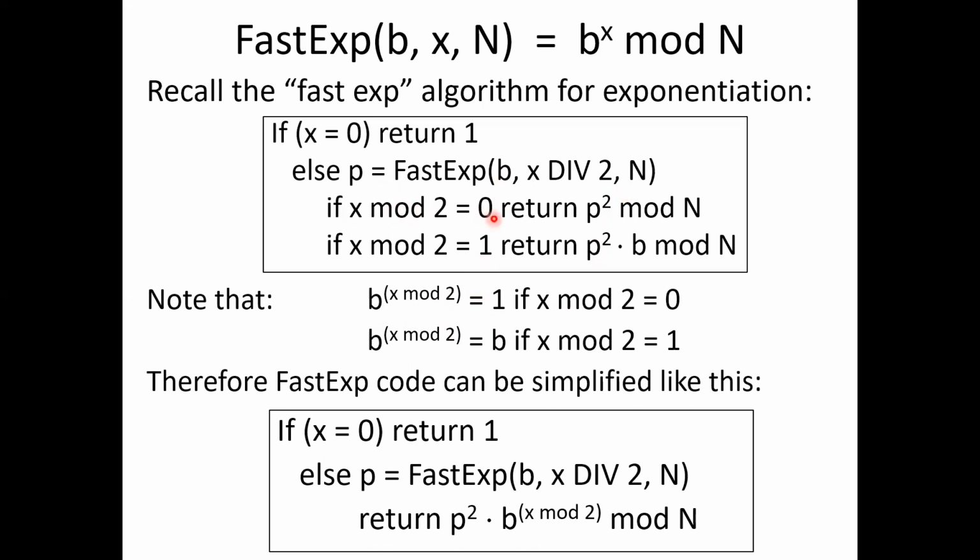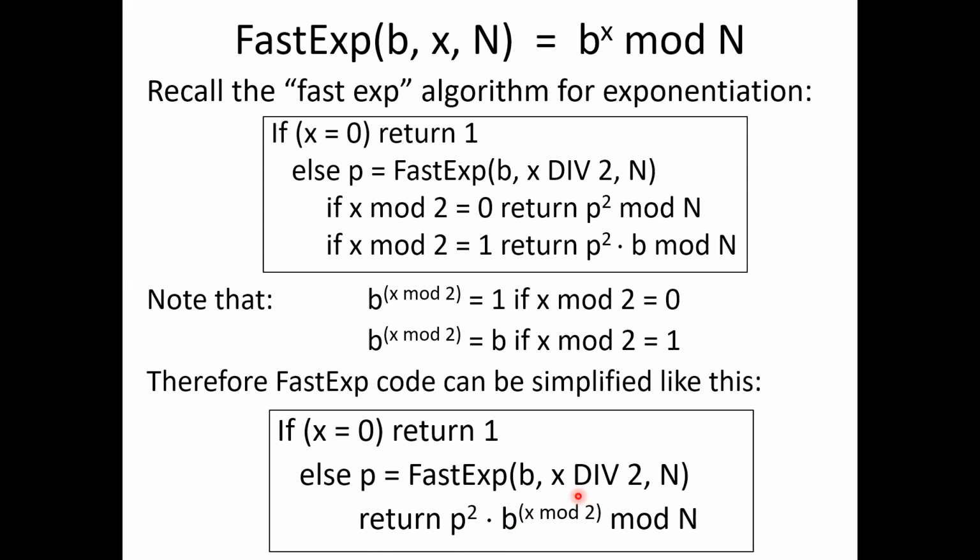This is a general form of this algorithm that's even more concise. You do a recursive call with half the exponent, and then on the return, you square that and multiply by b to the x mod 2.